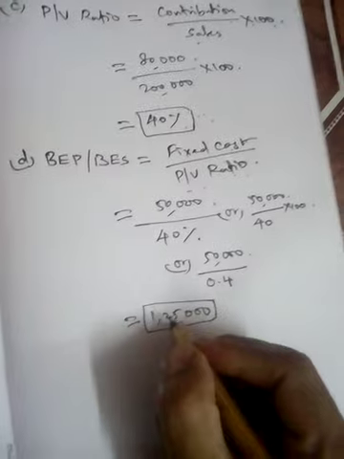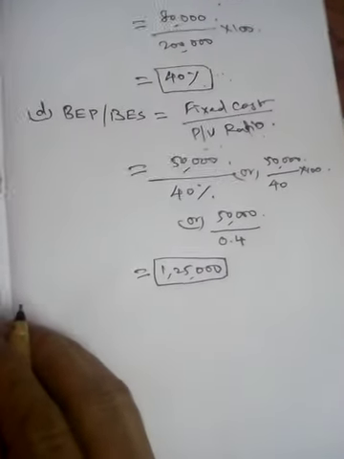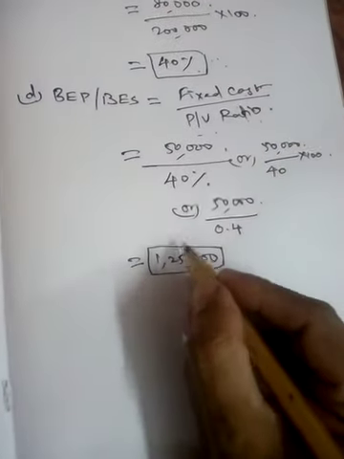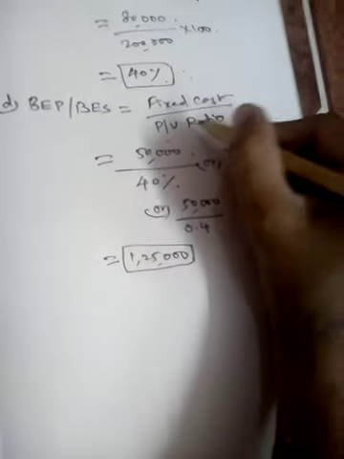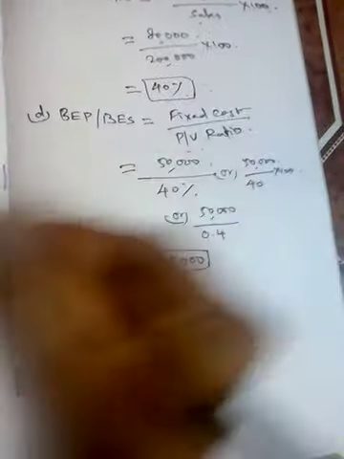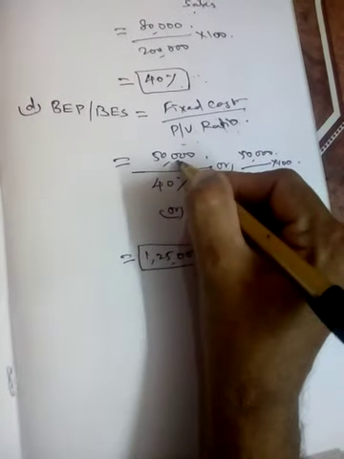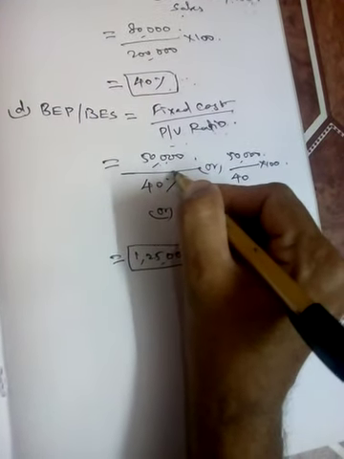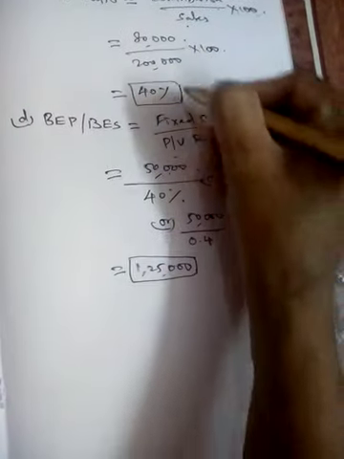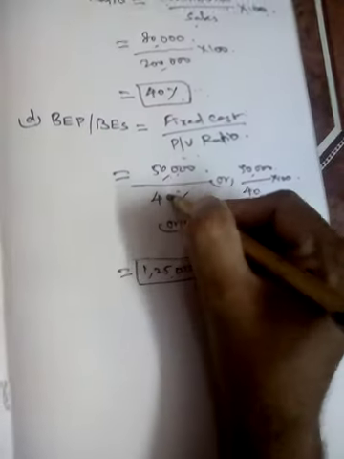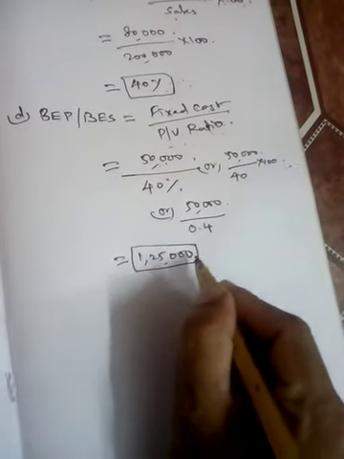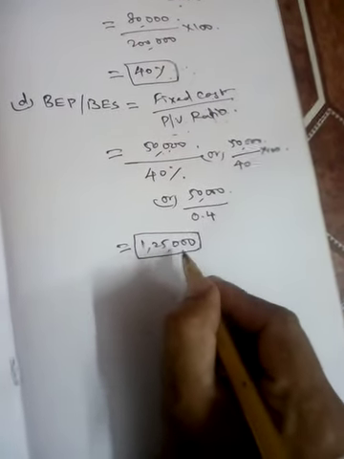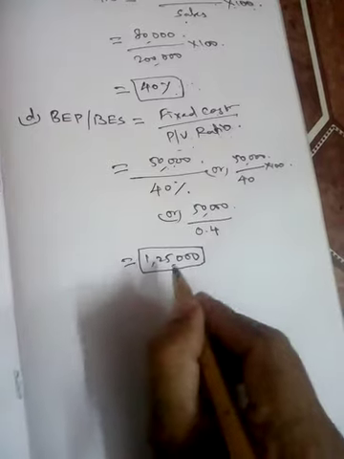So this is the break even sales or break even point after using the formula, fixed cost divided by PV ratio. Fixed cost is 50,000 given in the question and divided by the PV ratio we found here. If you calculate this you get 1,25,000. So this is the break even sales or break even point.